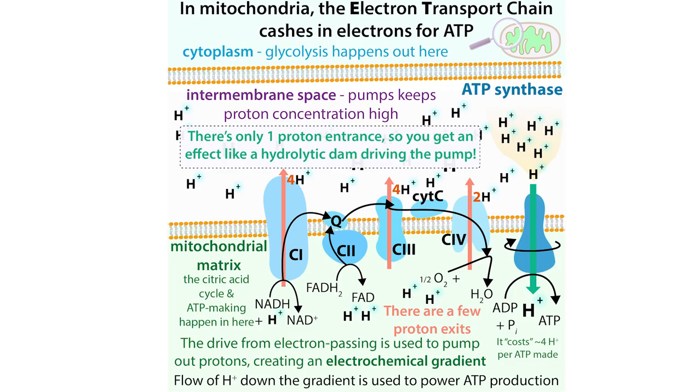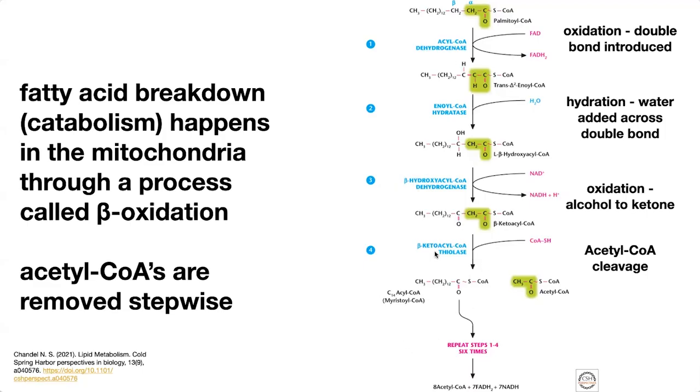Remember that this is happening in the mitochondria, so that NADH is already where it needs to be to enter the TCA, so it can get the full ATP yield at complex 1. The FADH2 here is going to contribute to our Q pool, but it's not going to pump protons from that first step. So you're going to get less energy from that FADH2 than from the NADH, but that's just a technical detail. And you're still going to get a lot of energy from fatty acid breakdown.